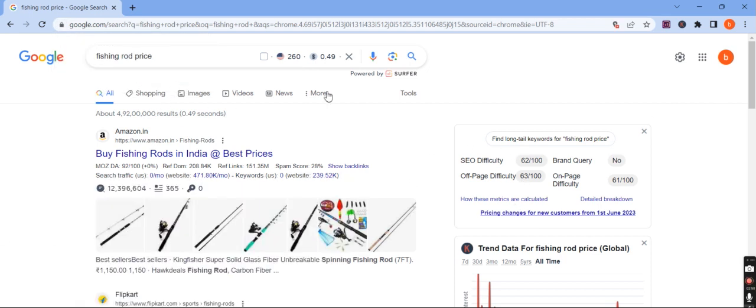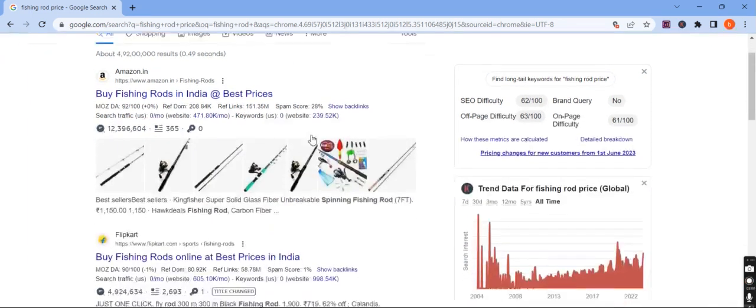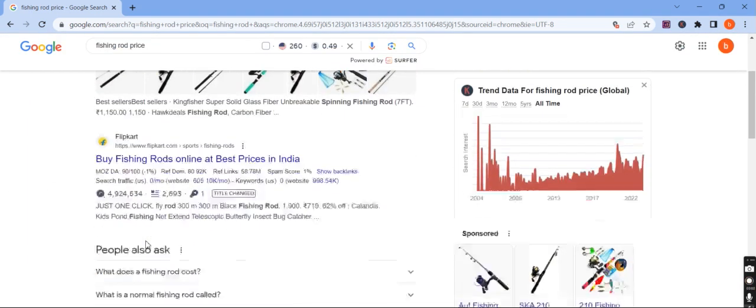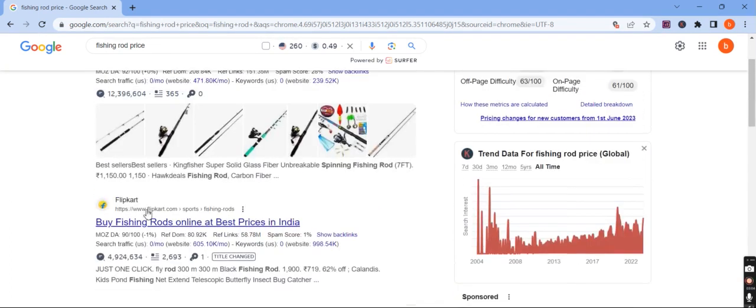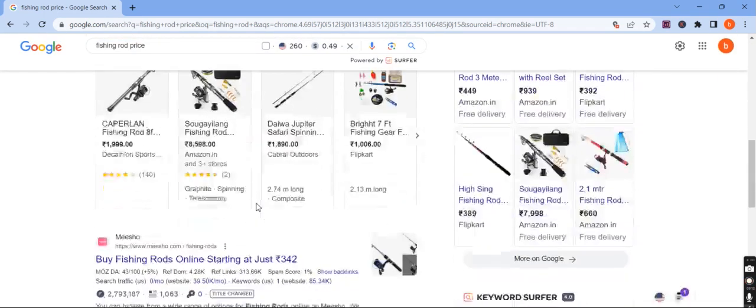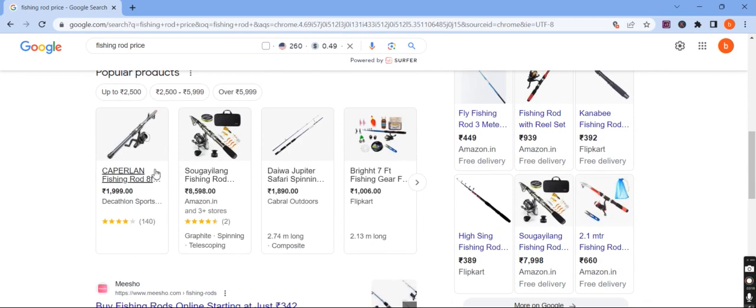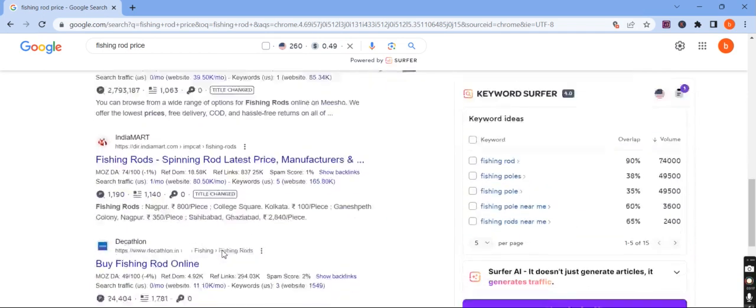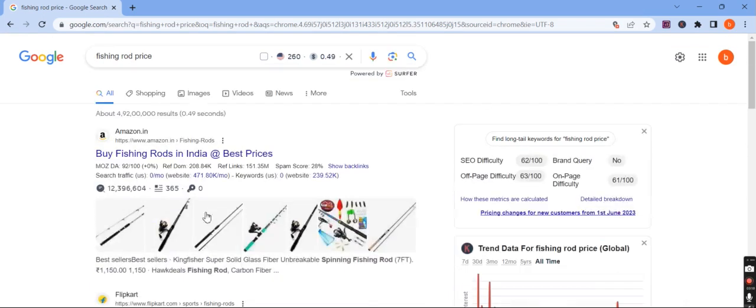I will talk about it later on. So like this, you see different results; this is commercial based. People are inquiring for buying. So it's a commercial query and you get brands and different things. So this is the search engine results page.